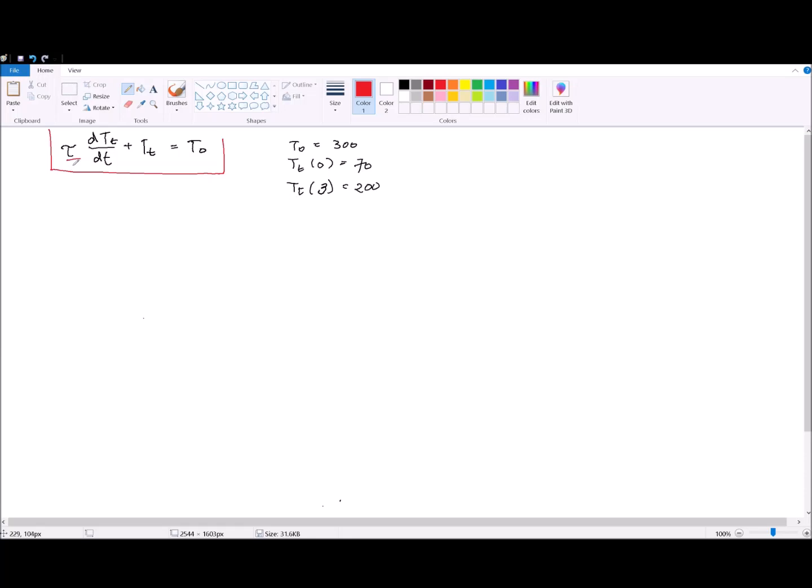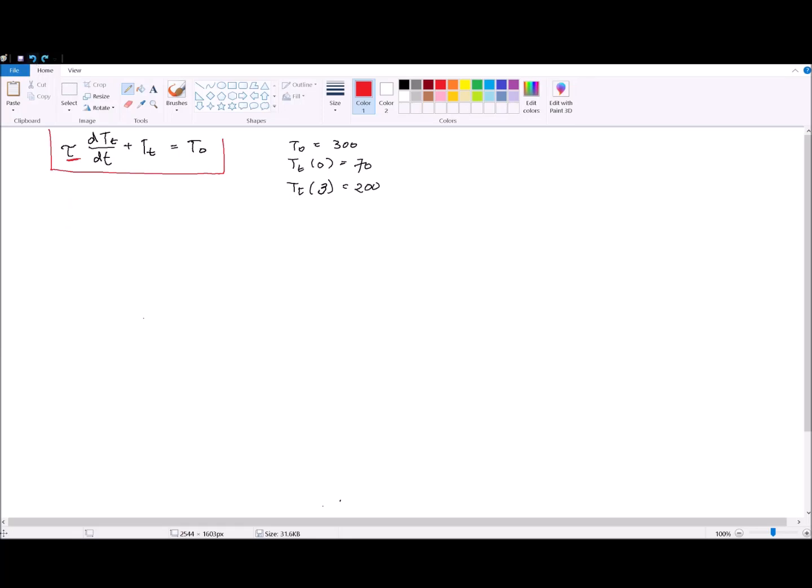Tau here is the parameter of your mercury glass thermometer. Okay, so we are going to solve this differential equation.